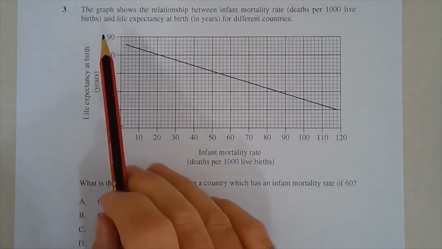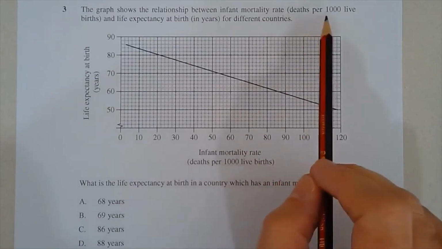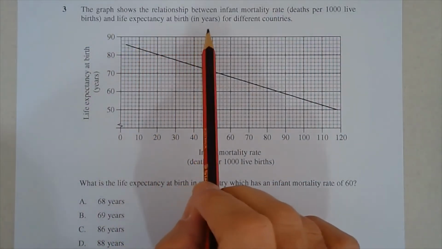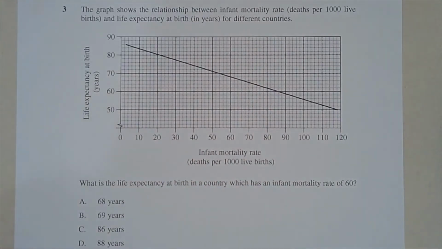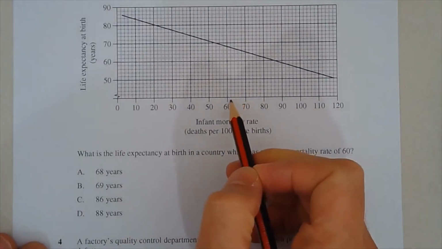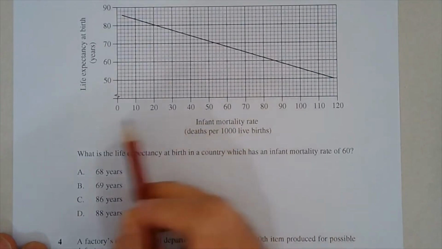Question 3. The graph shows the relationship between infant mortality rate, deaths per 1,000 live births, and life expectancy at birth in years for different countries. What is the life expectancy at birth in a country which has an infant mortality rate of 60? So what we do, we identify the infant mortality rate first, the axis that corresponds to that, which is the x-axis.